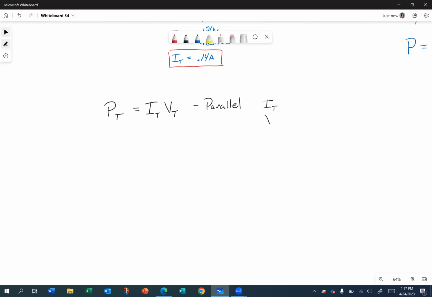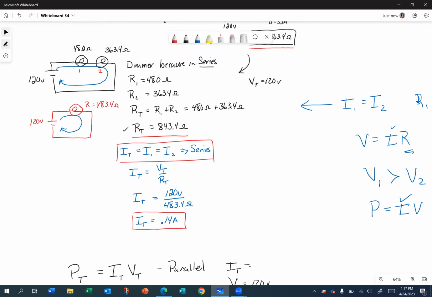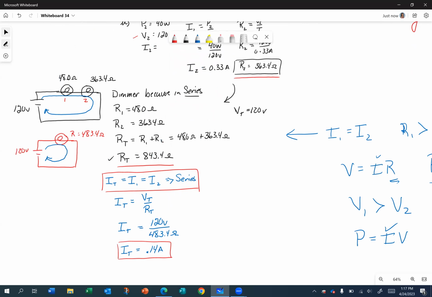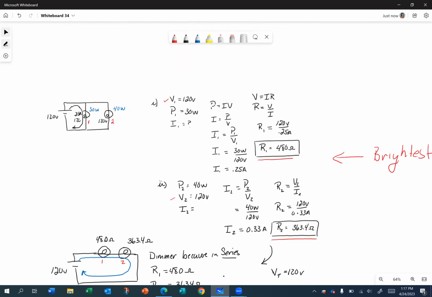We do know that V total is 120 volts. I total is what we don't know yet. How much current does each one draw? But we calculated that up here, right? So we said we'd get 0.25 from the first bulb, and then 0.33 from the second. Okay?